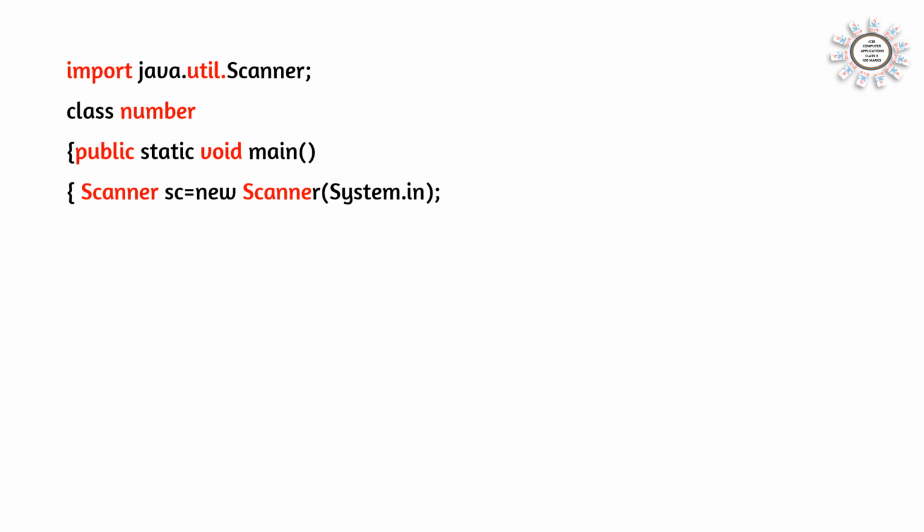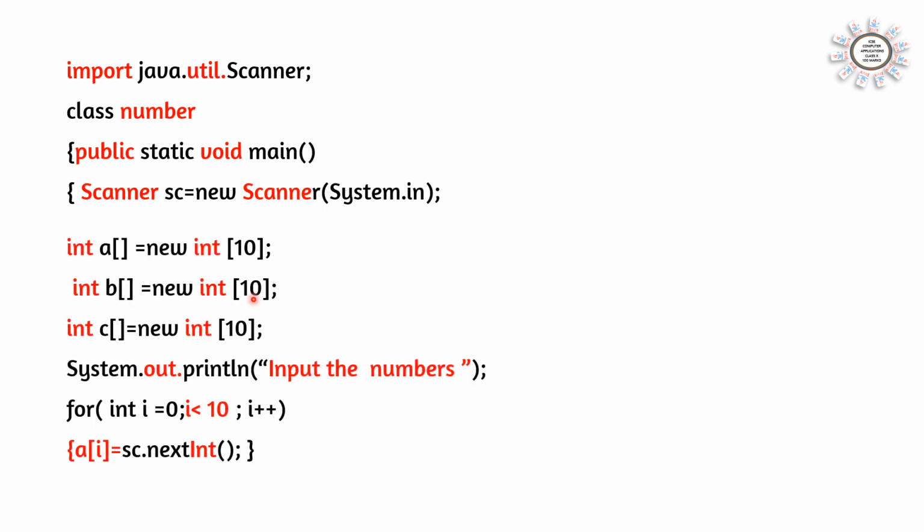So here we can declare the arrays. Here 3 arrays are declared. int A, array A which can store 10 numbers, array B also can store 10 numbers and array C also can store 10 numbers. In this case, we will input the elements in array A, and positive numbers will be going to array B and negative numbers to array C. So after declaring the arrays, now input the numbers.